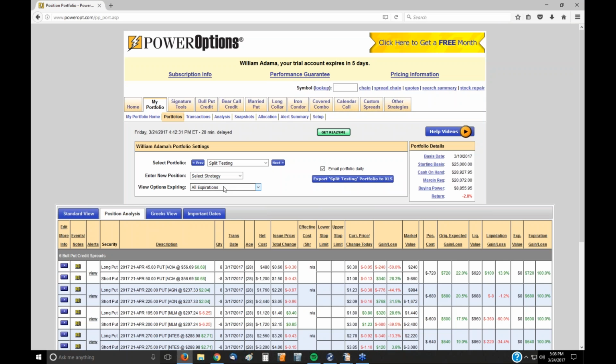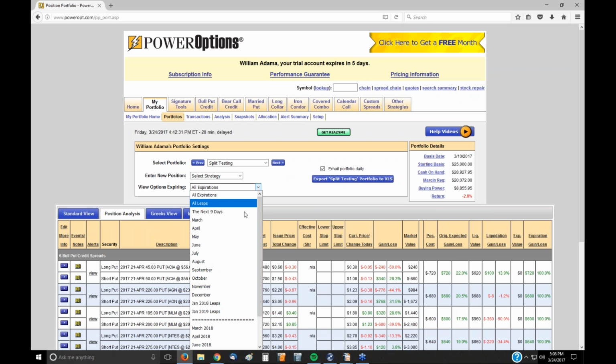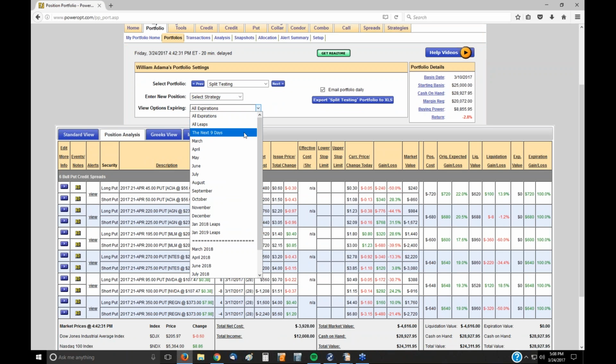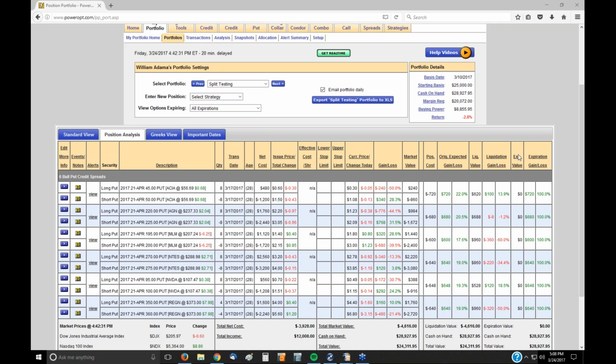You can look at all expirations here, or the next 9 days. Inside the portfolio itself, if you're tracking your open positions, we can look for options that have expirations in the next 9 days. But in the transactions menu, we don't have a weekly available right now. It's just done by the month of expiration.